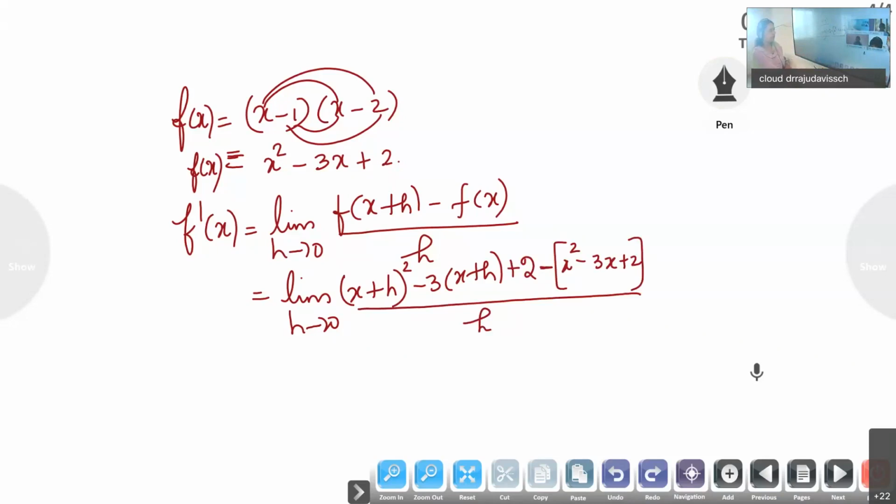Now expand this, cancel the terms, simplify and find the answer. In the final answer, you will not be getting a number. You will be getting it in terms of x. x plus h the whole square, you expand it.